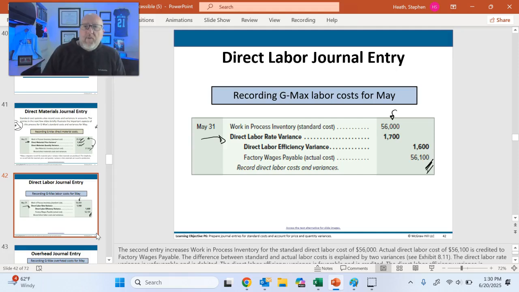And so in this example, we first see a favorable $1,600 labor efficiency. We must have used less quantity of labor. And then we see a 1,700 unfavorable rate or price, meaning we paid more and they worked fewer hours. All right. The net is that $100 unfavorable difference.